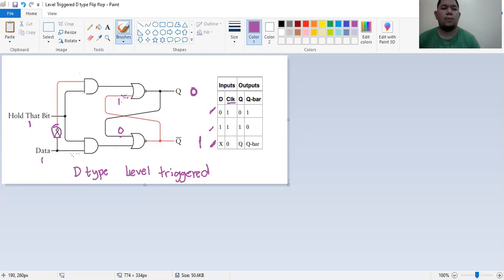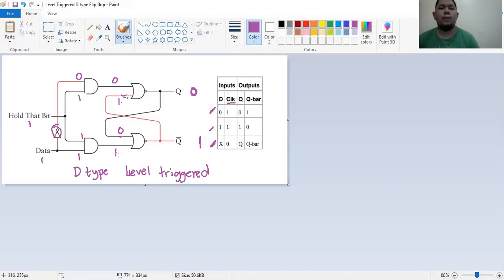All right, so we have a value of 1 here, and we have a value of 1 here and 1 here. Well, there's a NOT gate here, so we have a value of 0 there. So 0 and 1 becomes 0. Well, 0 or 1 becomes 1. Inverse that, it becomes 0. Well, 1 and 1, we have a value of 1.